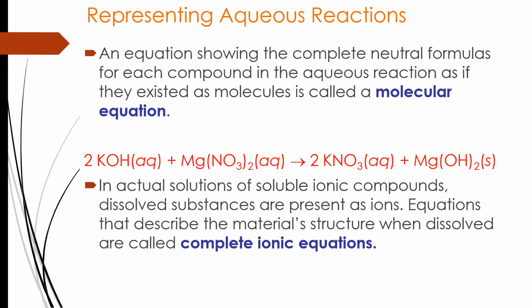For a complete ionic equation, we take all of these different compounds and dissociate them as much as we can. If something is ionic and dissolved, then we show it all apart as ions. If it's something that's not dissociated, like this solid here that's not dissolved, then we can leave that together.